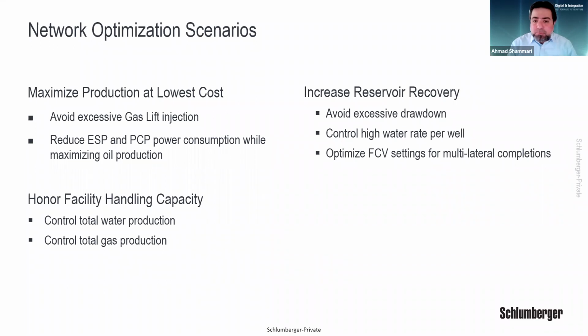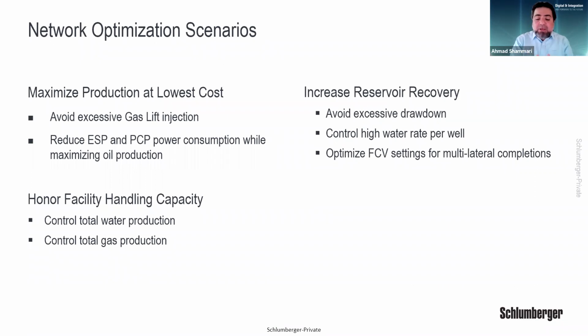So that's why the operator needs to avoid excessive drawdown and control high water rate per well. Sometimes we can do the optimization on an individual well that has multilaterals. If you have multilaterals, you need to know the right combination of flow control valves.